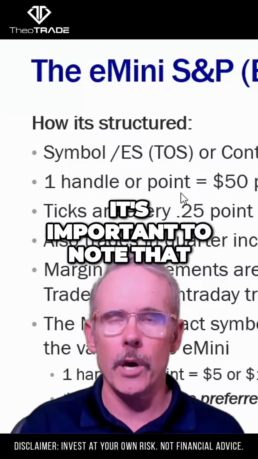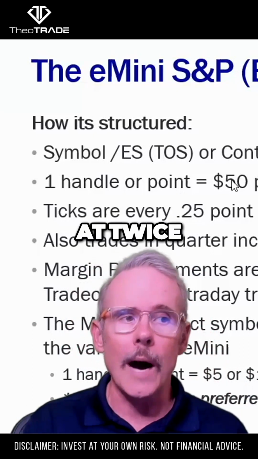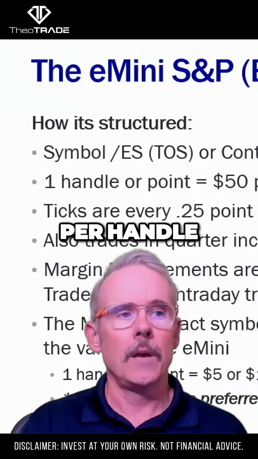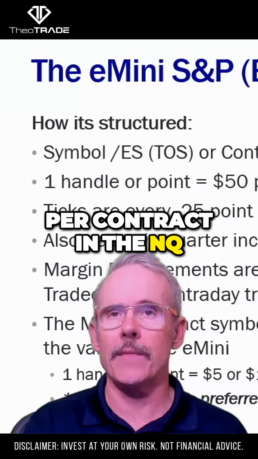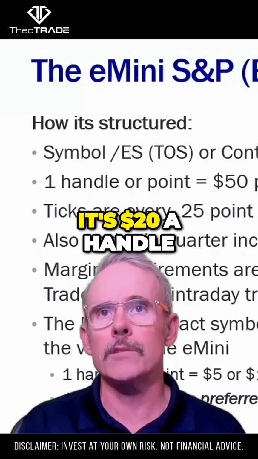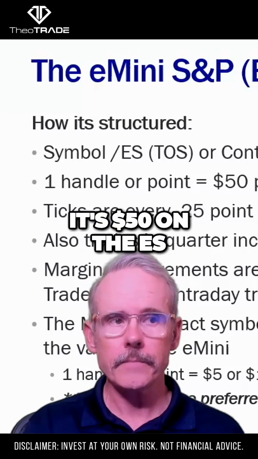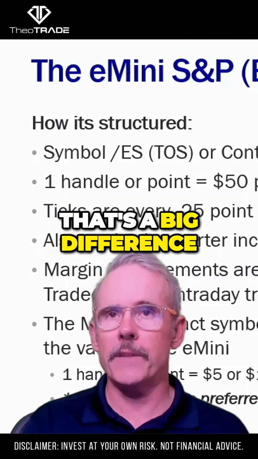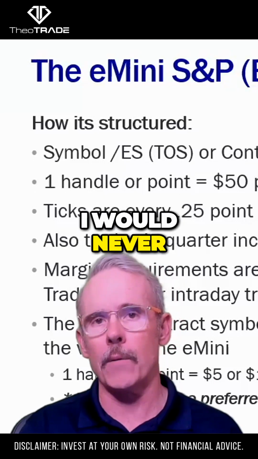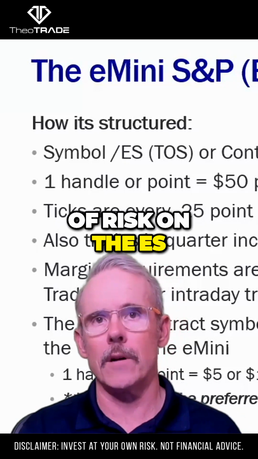It's important to note that the ES is valued at over twice per handle per contract than the NQ. So if you're used to trading the NQ, it's $20 a handle. It's $50 on the ES. That's a big difference. I would never want you to take 6 handles of risk on the ES.